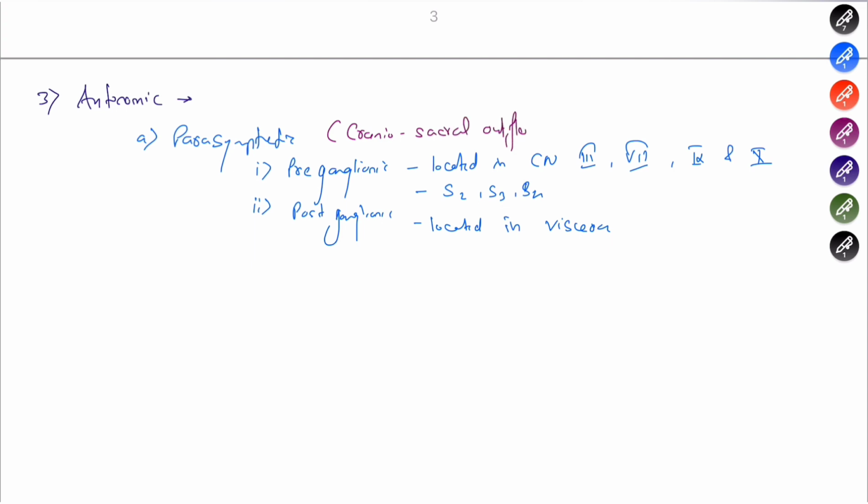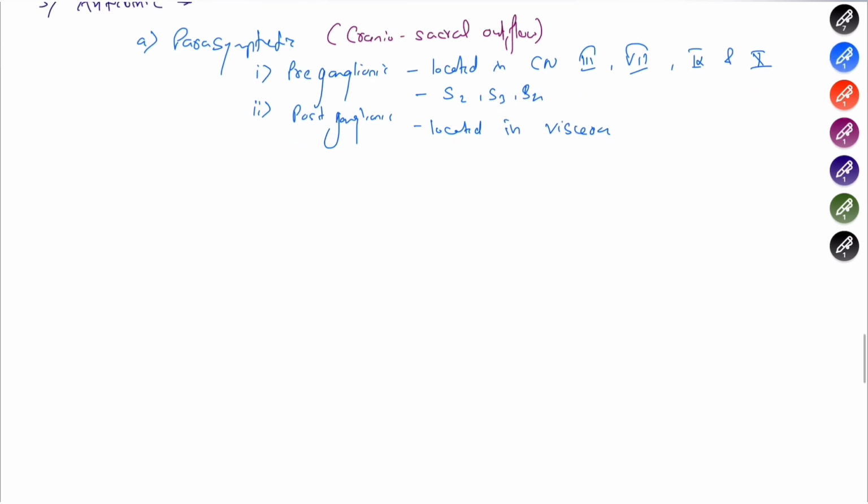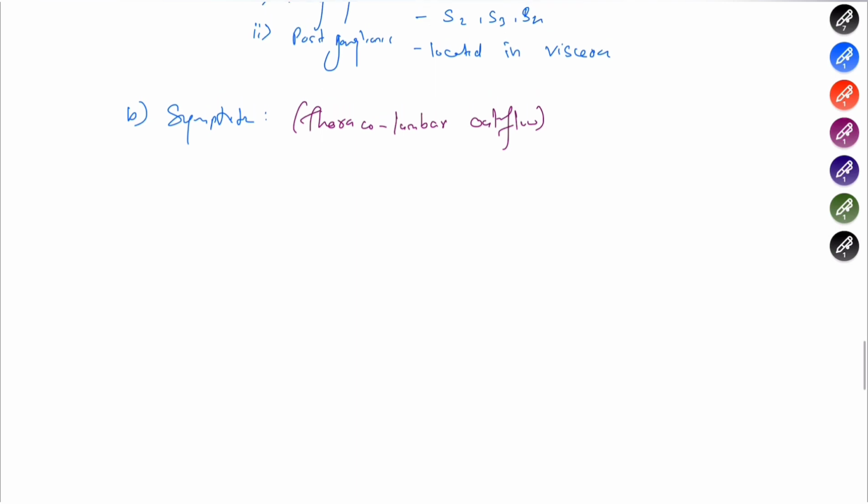Second is sympathetic. Sympathetic is known as thoracolumbar outflow. This also has two types of fiber, preganglionic and postganglionic.